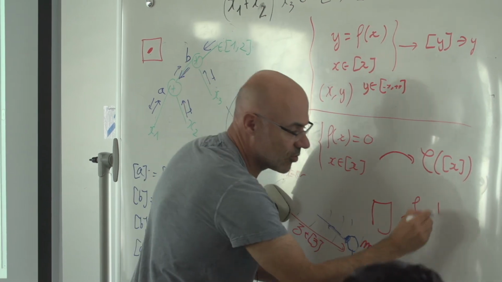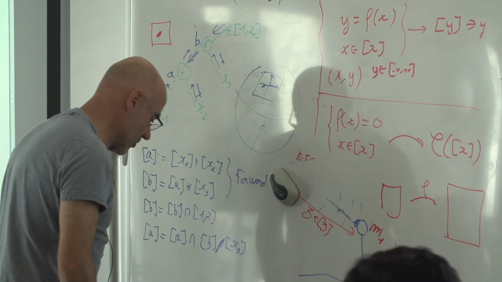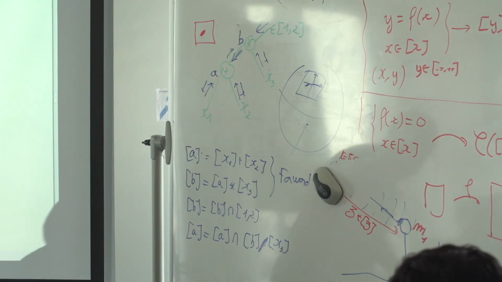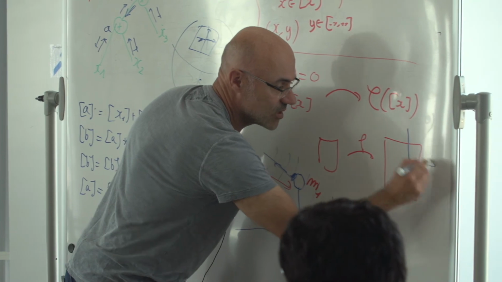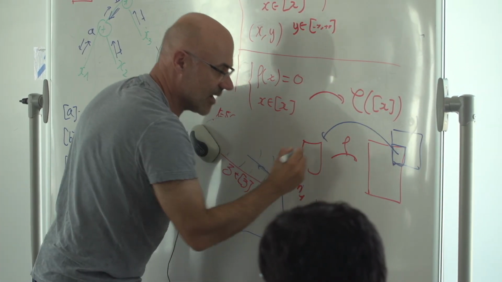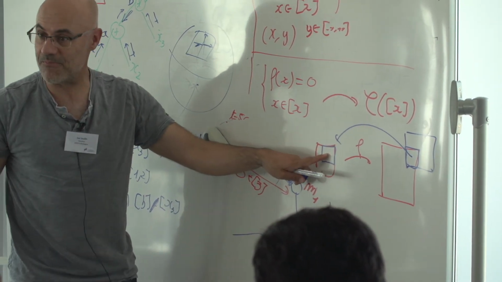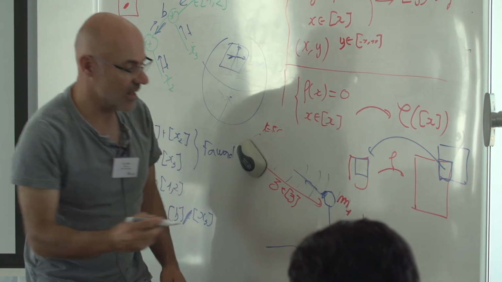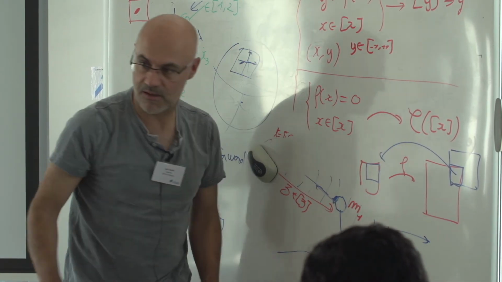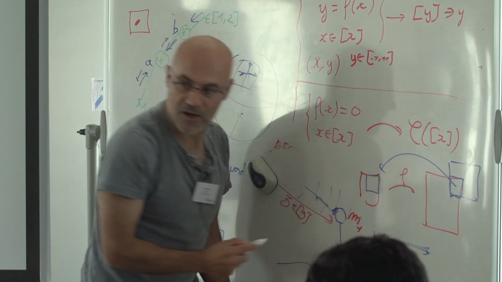From this box, I am able to compute this one. This is an inclusion function. Now, if I have here information on y, which tells me you are here, I take this box and put it backward, and I will have a contraction of x. So the inclusion function has a forward reasoning, whereas the contractor contracts forward and backward.